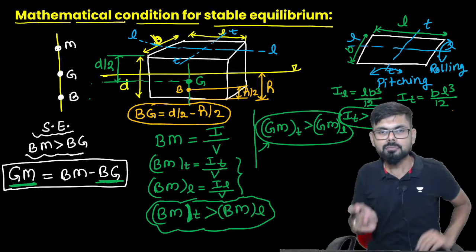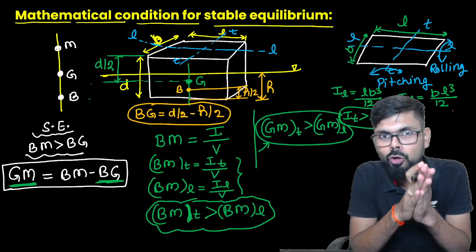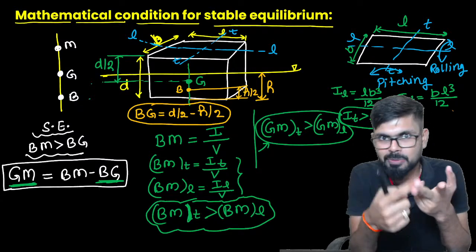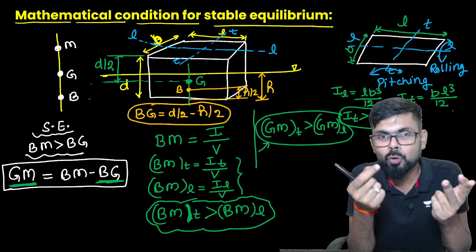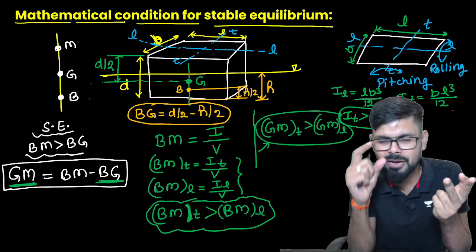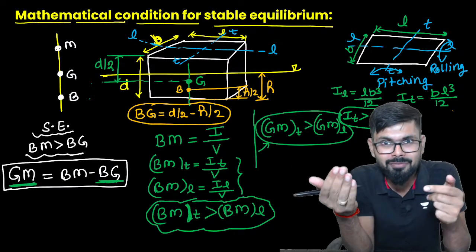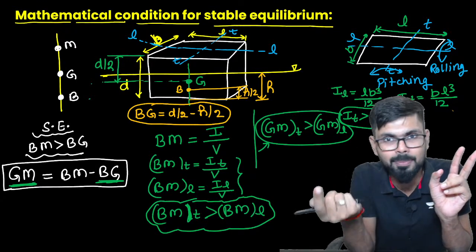See, if you want to find the metacentric height, then you can say BM minus BG. How to calculate BG? BG is very simple. You just locate G and B and find the BG value. Okay, fine, leave it. Now how to calculate the BM value? BM is equal to I by V, but BM may have multiple values.